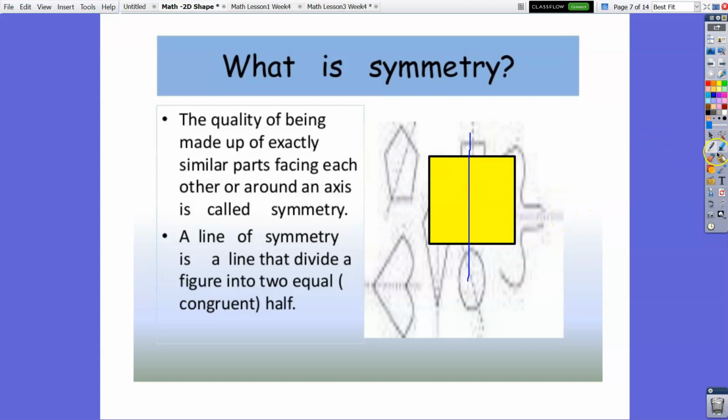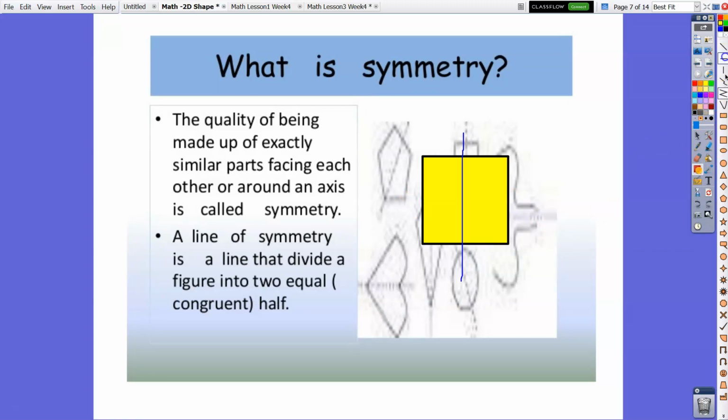You can also use the horizontal line, or maybe you can also use the diagonal line, or vice versa. This is a line of symmetry.